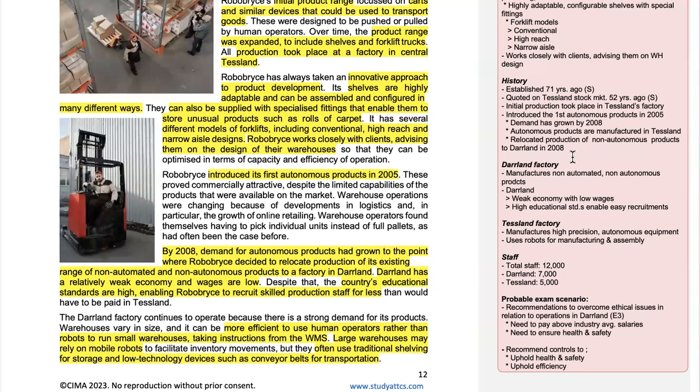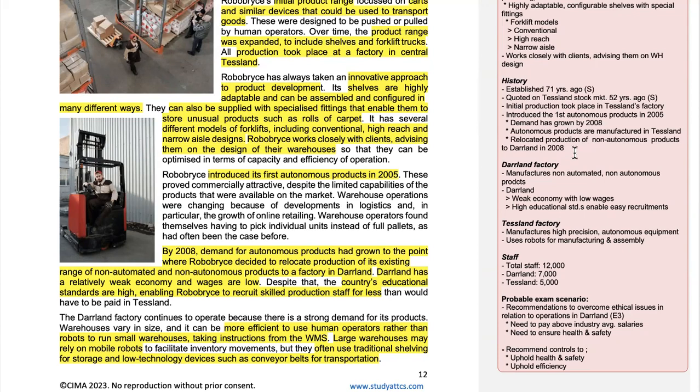And in 2008, these guys totally changed their manufacturing operations. What did they do? They relocated production of non-autonomous products to Darland in 2008. So Darland is another country. We are based in Tesland. However, 71 years back, when we started operations, we started manufacturing operations based in a manufacturing facility in Tesland.